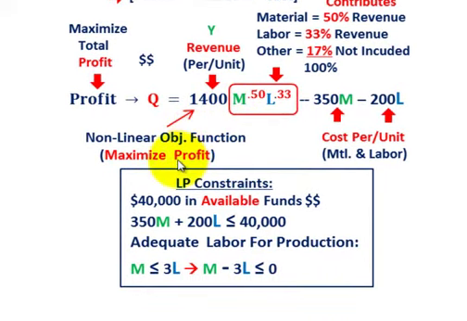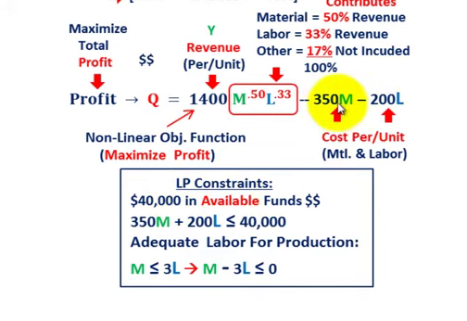But we're going to add into that some linear programming constraints. So for the material and labor that we have available to manufacture this product, we're going to say we only have $40,000 worth of available funds for material and labor.